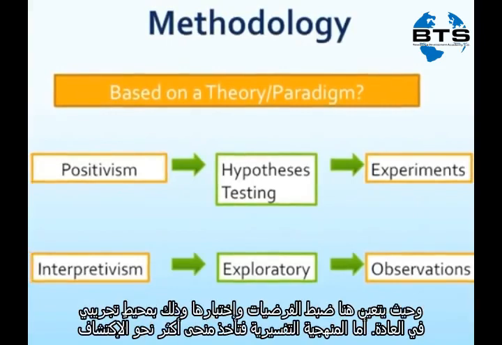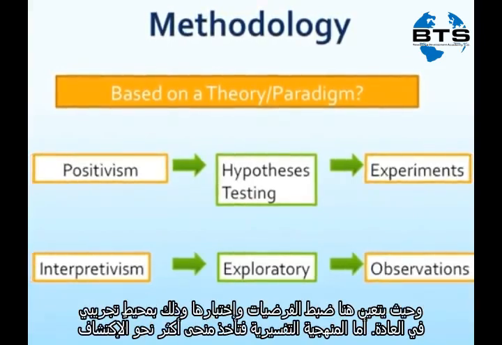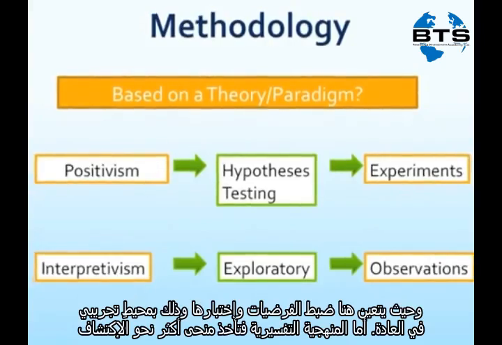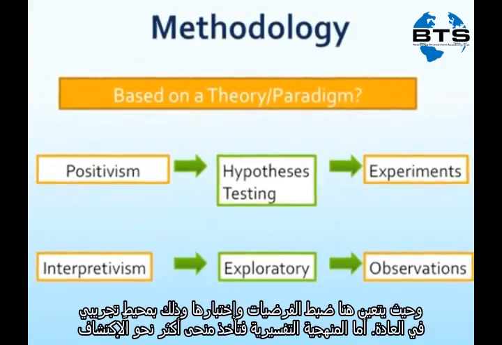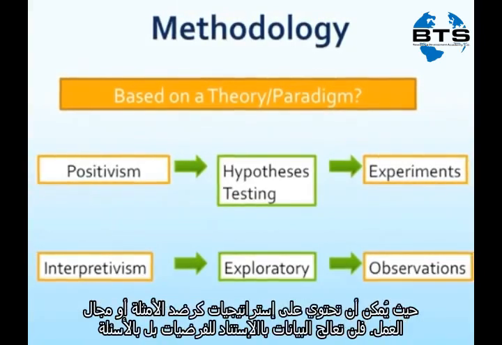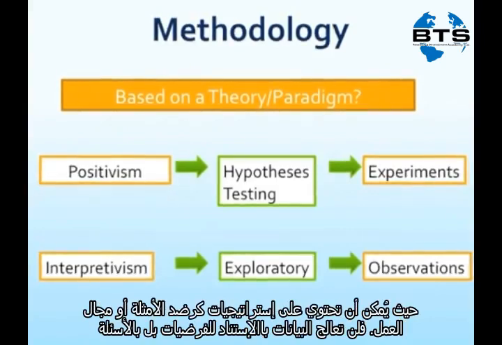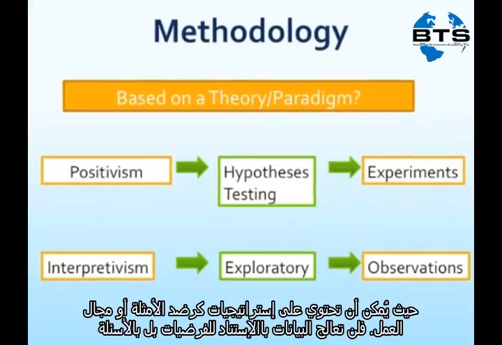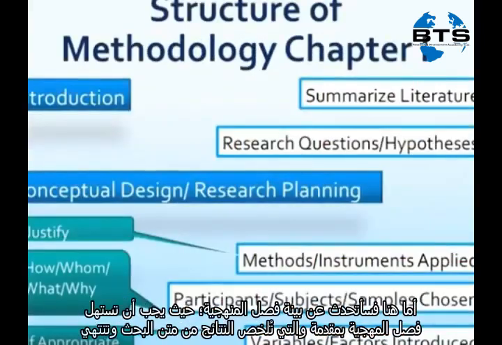In positivism, you usually set up hypotheses and test these hypotheses, usually in an experimental environment. While in interpretivism, approaches are usually more explorative, and they can contain strategies like observation, for instance, or field work. You're not approaching the data with hypotheses, but with questions.